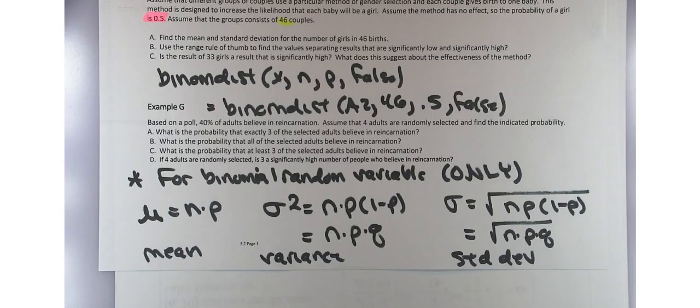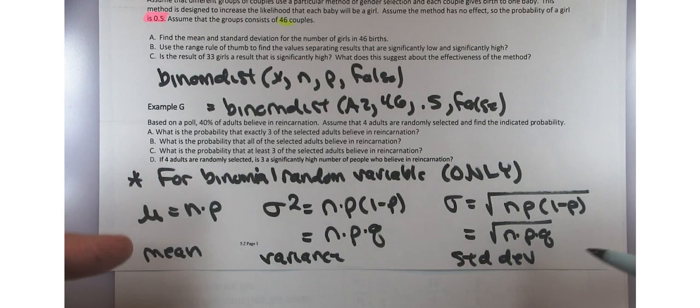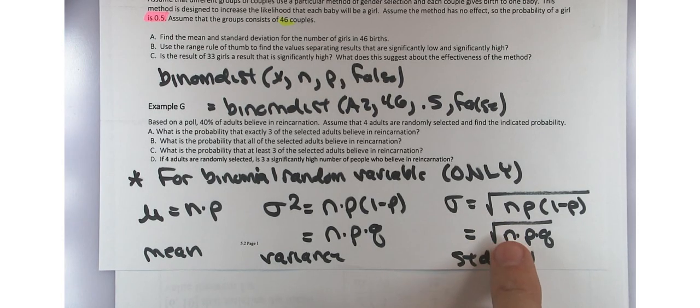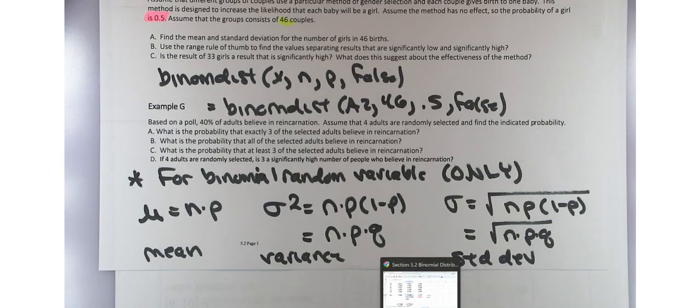Nice. So that's a lot more efficient than what we had to do before this section, which is calculate p of x times x minus mu squared, sum that up, take the square root, etc. That calculation is actually done for you.